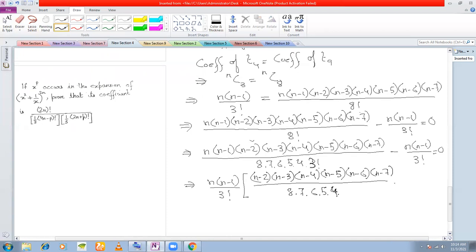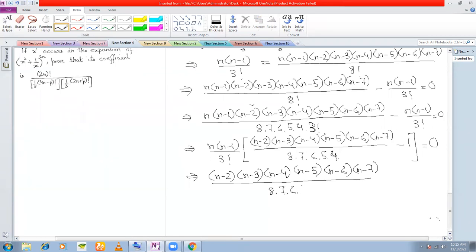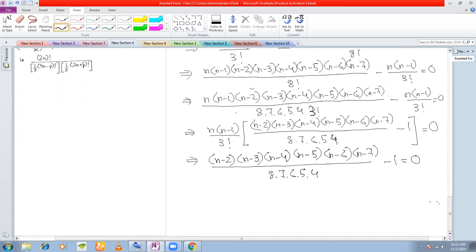You are left with this minus 1 is equal to 0, right? So that means n minus 2, n minus 3, n minus 4, n minus 5, n minus 6, n minus 7 divided by 8 into 7 into 6 into 5 into 4 minus 1 is equal to 0, right? Because this part cannot be equal to 0.